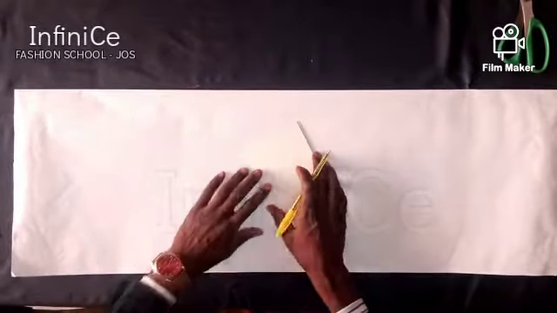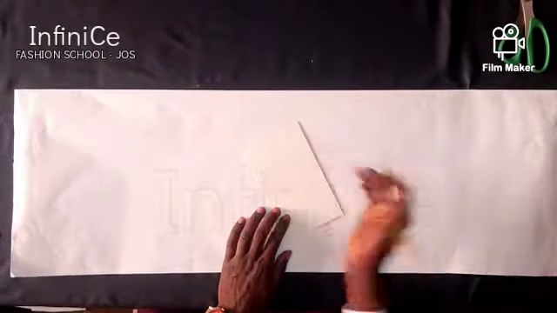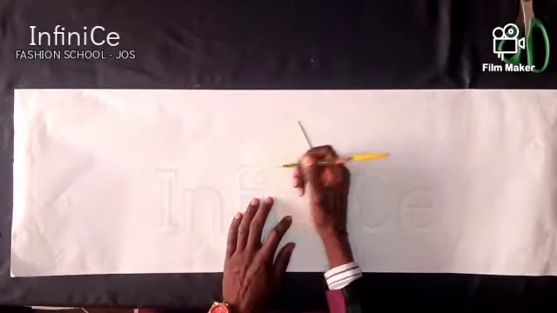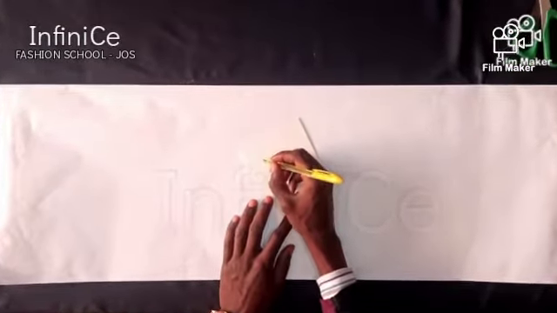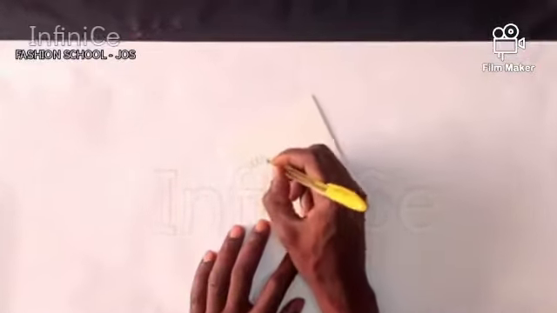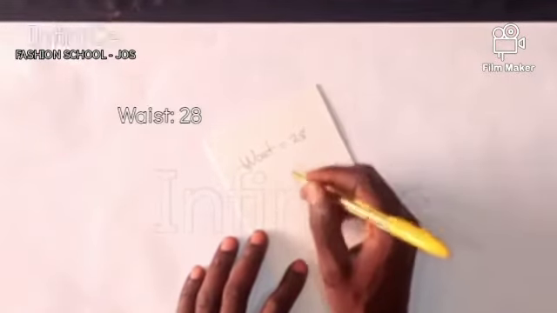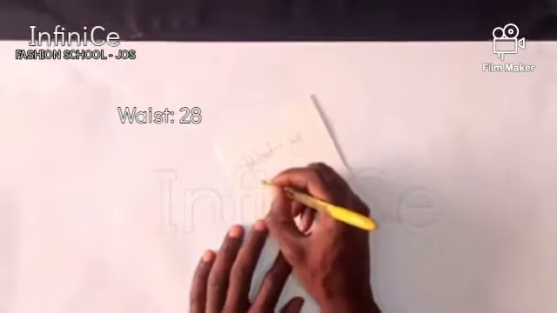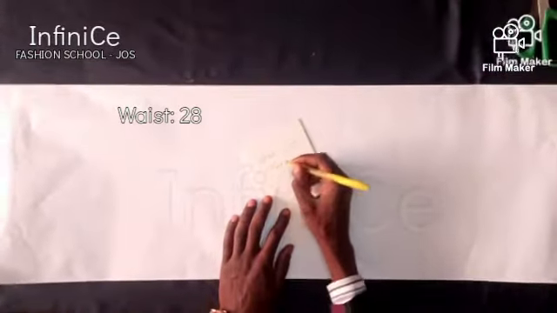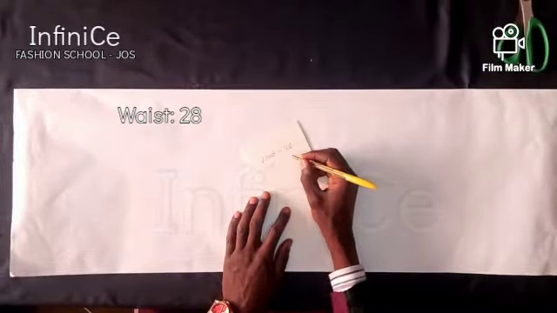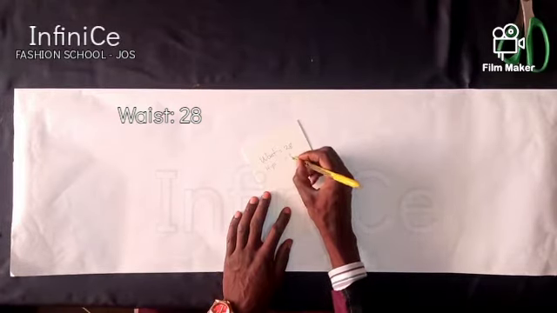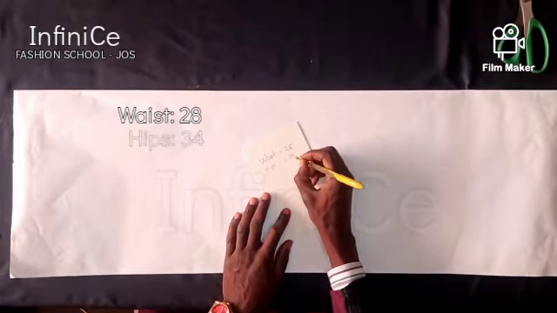All right. So let's see the measurements of the trouser we're about to draft. The waist is 28. So the hips is 34.